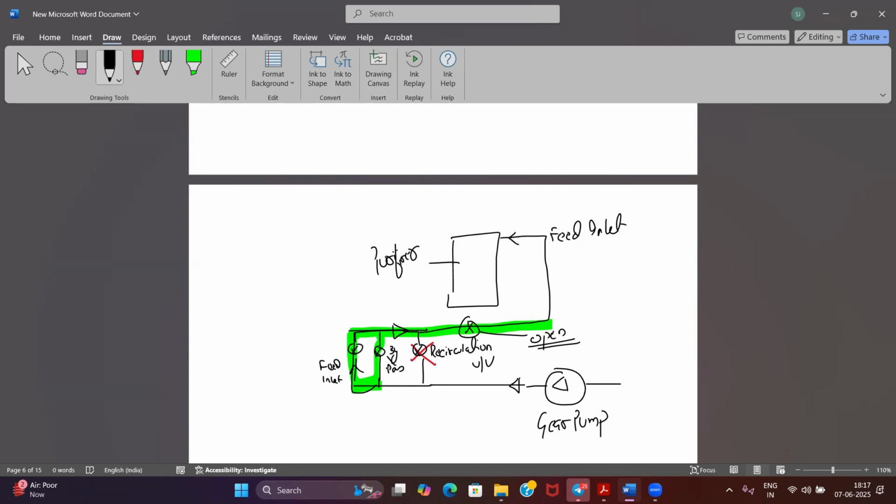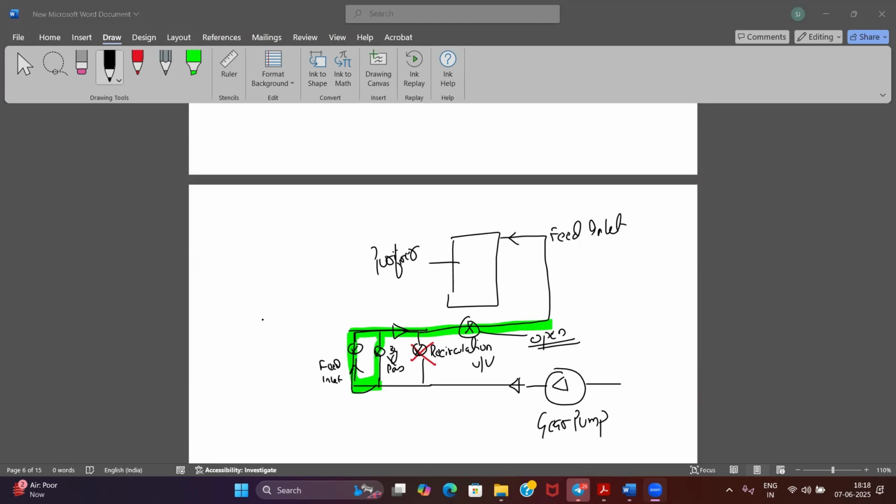Now what is going to happen is, the pressure is also controlled by the bypass valve. Just give me a minute. Is this bypass valve a non-return valve? It should be. What I was saying is, by controlling the bypass valve you adjust the feed.